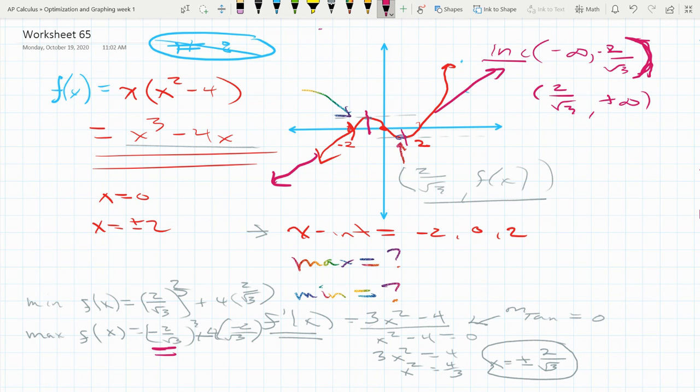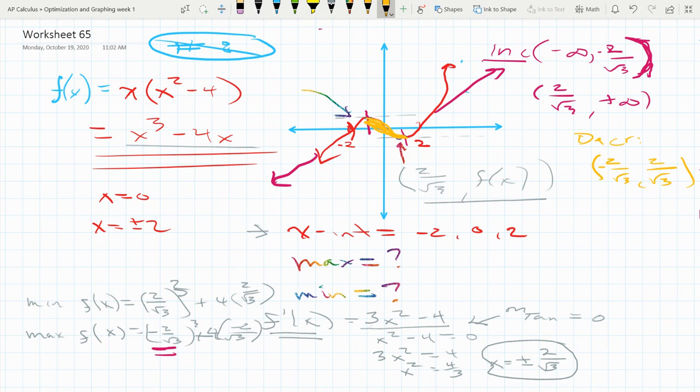And so then if I look at this a little differently and say, okay, where is it decreasing? It's decreasing where I'm going to make it yellow right here. I'm sorry about the writing, guys. I'm getting used to this. So I need to know that it's decreasing from negative 2 root 3 to 2 root 3.